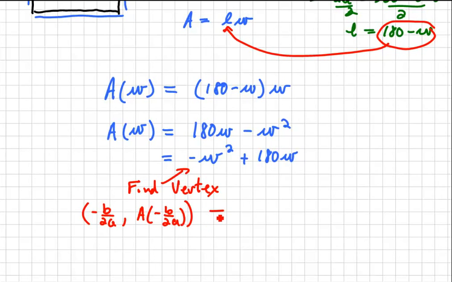So the opposite of B is negative 180 all over 2 times A, and so we end up with 90. So what is that telling us? That's telling us that when the width, right, this is the W, is 90 feet, we'll get our maximum area.